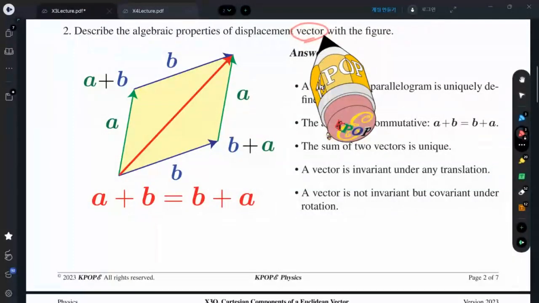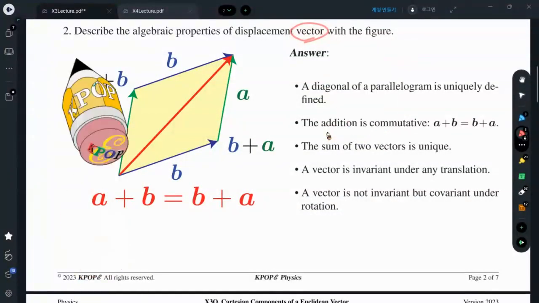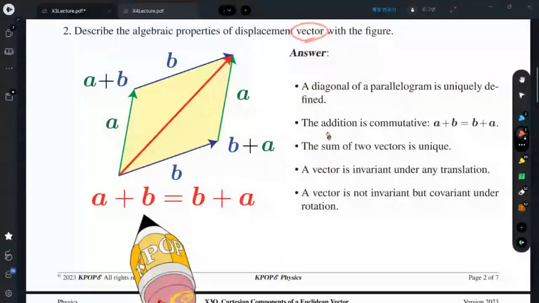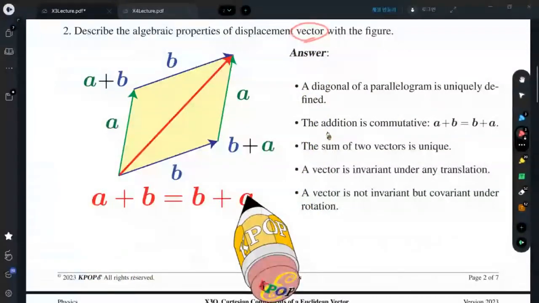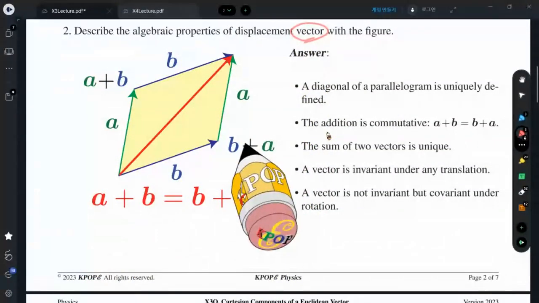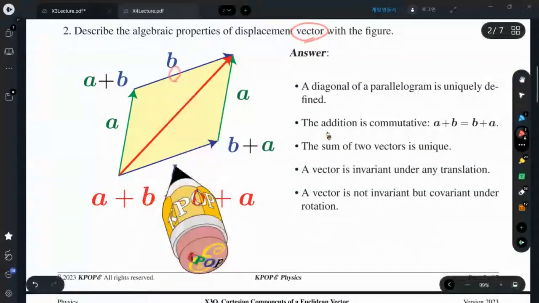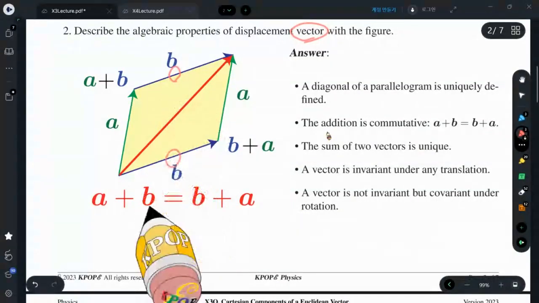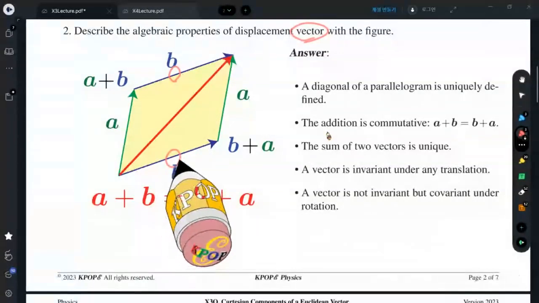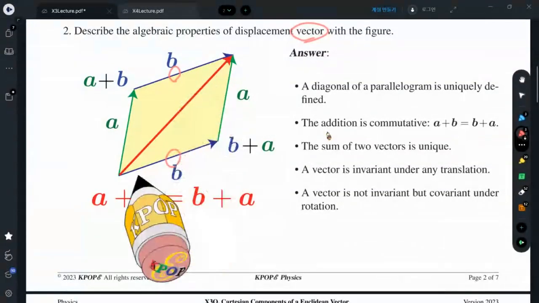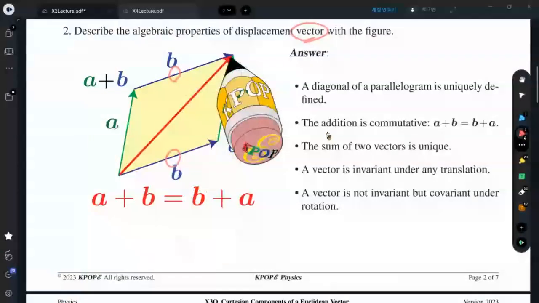Displacement is a vector on a plane or space in actual space. So we draw a parallelogram. Two opposite sides of a parallelogram have equal length and they are parallel.